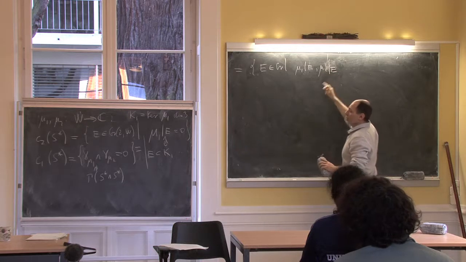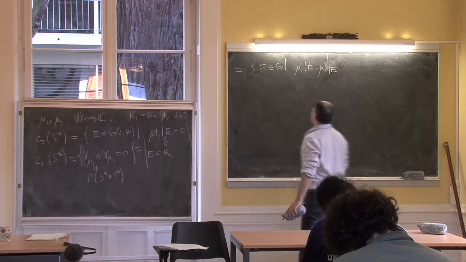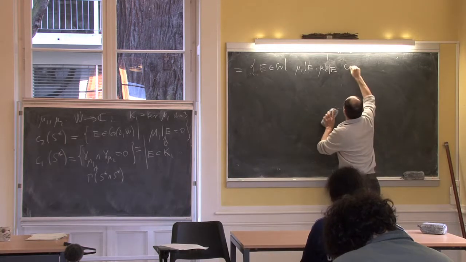And I want these two linear functionals to be linearly dependent. So it just should be collinear, basically.